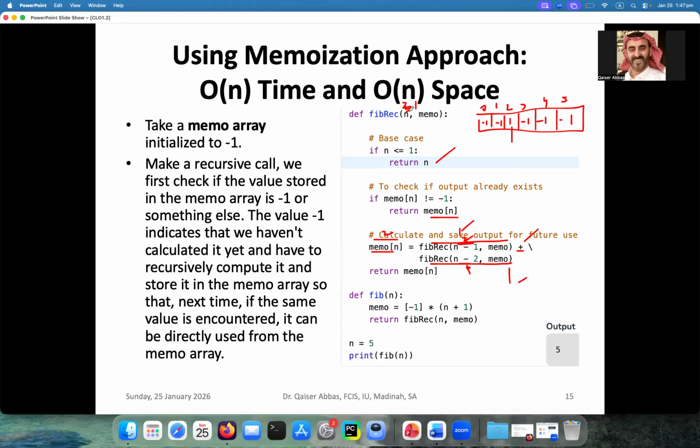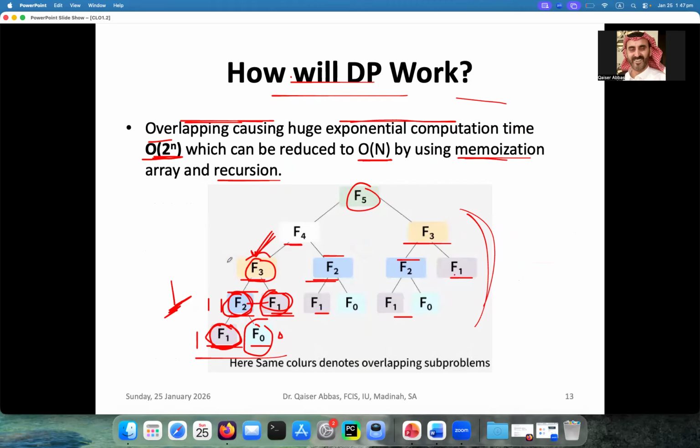Where you get 2, the n is 3. So here at 3, you are getting 2 for f of 3, and then you are updating it and returning it. So at this level, now you have 2. For f1, it will be returned by the base case, that is 1. f0 will be returned by the base case.